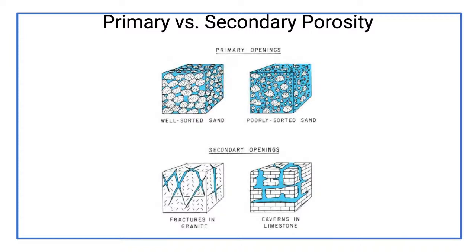So that's primary versus secondary porosity. You can see in the bedrock off to the right there, the lower right, that granite is just not going to let water flow through, because it's all hard formed. There's no pore space in there, so you've got to have the fractures to develop in order to get the water.